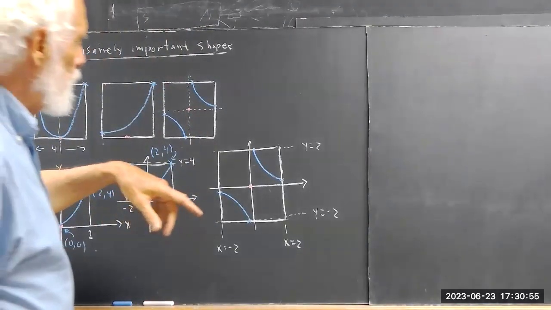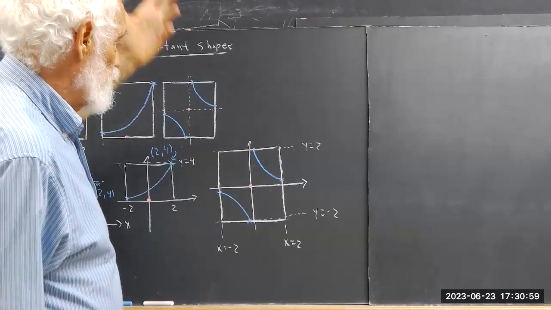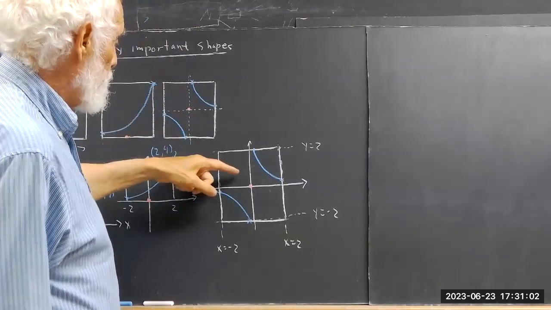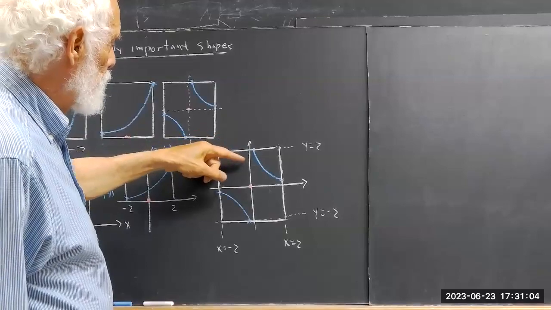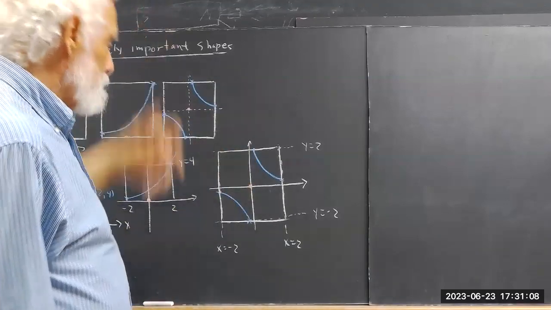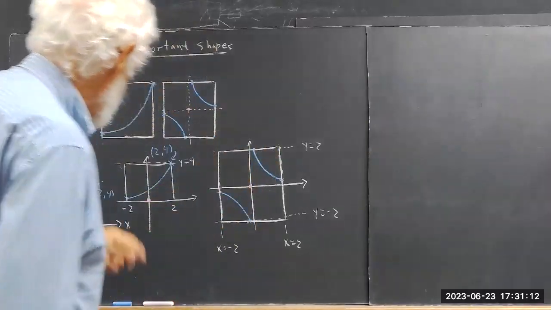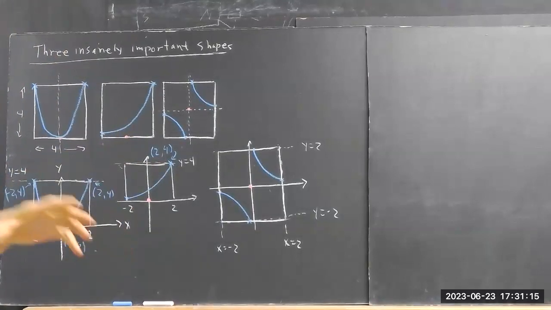If y is equal to one and a half. Okay, here's 1, here's 2, here's 1.5. Go across here and down to here. It looks to me like x would be about 1/2. Okay. That's what it looks like. That's not what it really is.